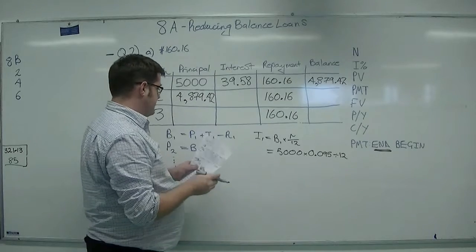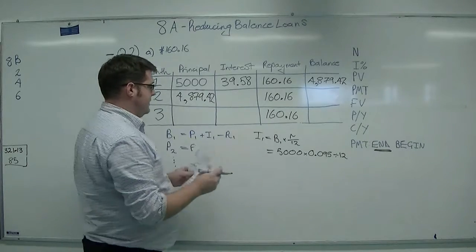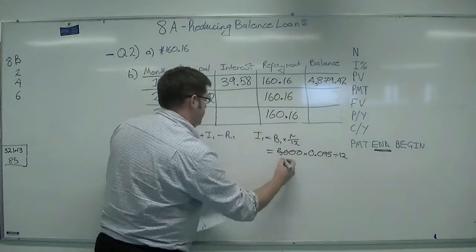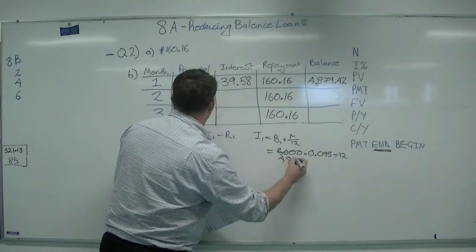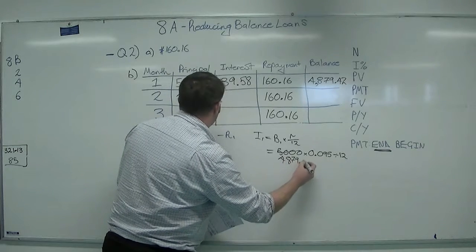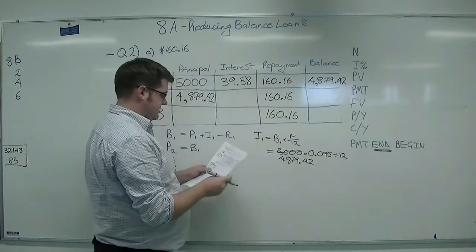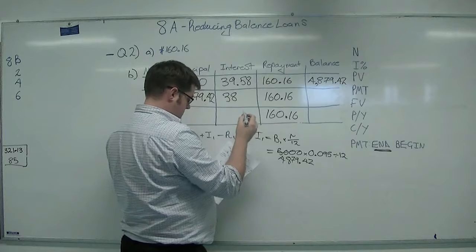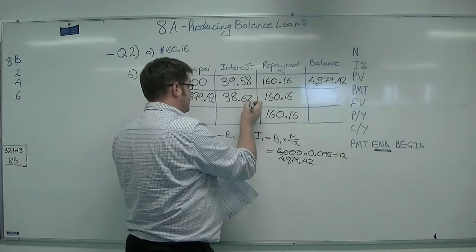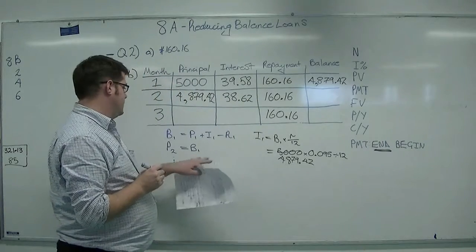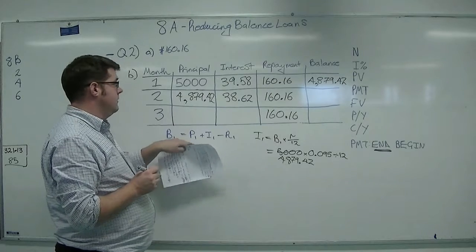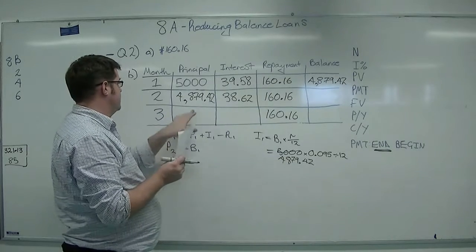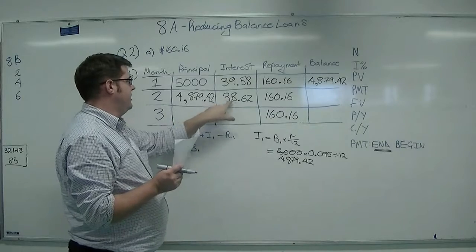So the interest, applying this same formula now, except now we're going to be plugging in $4,879.42. We're going to end up with $38.62.